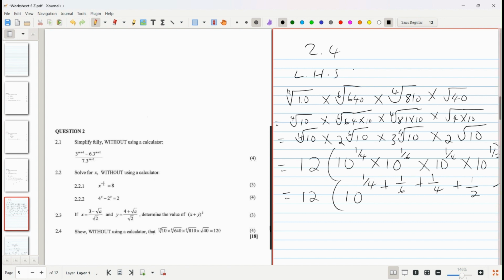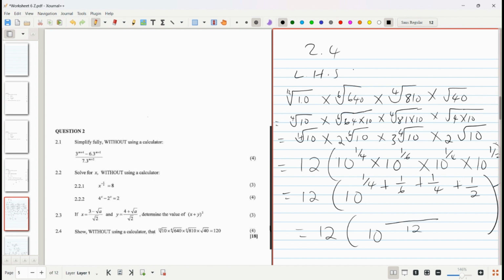Okay, so we can quickly confirm, everything is in 10. Now we can just add these numbers. So we have 12 and 10 to the power. We need to find the common denominator, the LCD, which is 12.